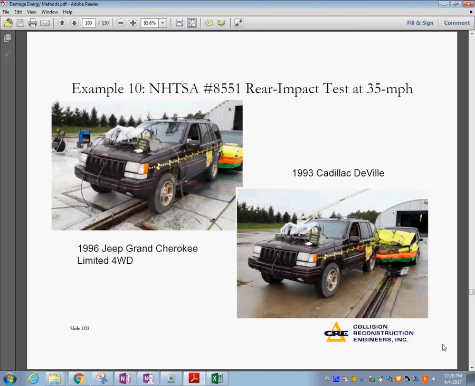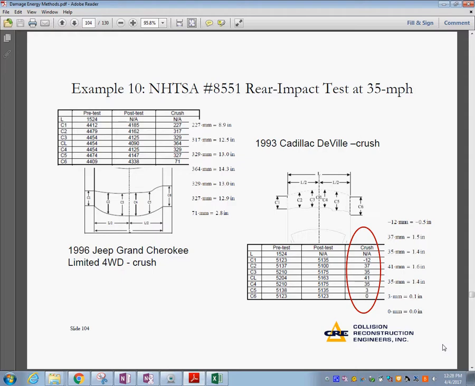So here's an example. Rear impact test, 35 miles an hour. That's not too slow. 35 miles an hour is 10 miles over what you drive in the city. So in this case, you're getting data from the EDR.